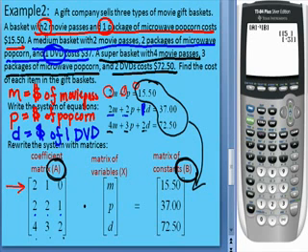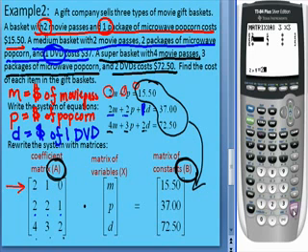So I need to go back to my calculator, and we're going to hit second, x to the negative first, which takes me to my matrix menu. I'm going to edit matrix 1 to become a 3 by 3. Okay, so now I can put my values in. I have 2, enter, 1, enter, and there's a 0 already there, so I'm just going to hit enter again.